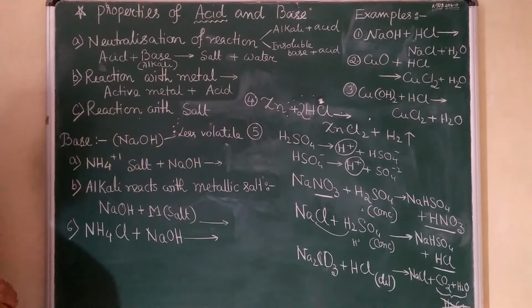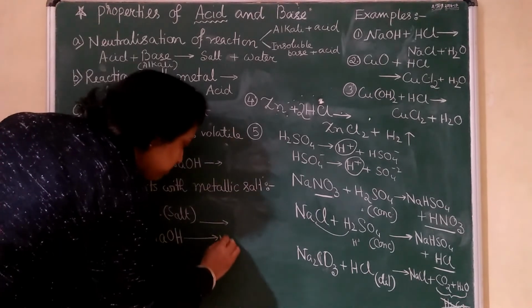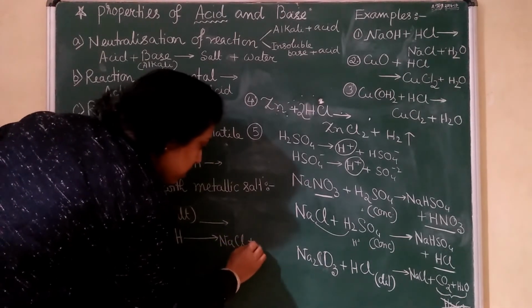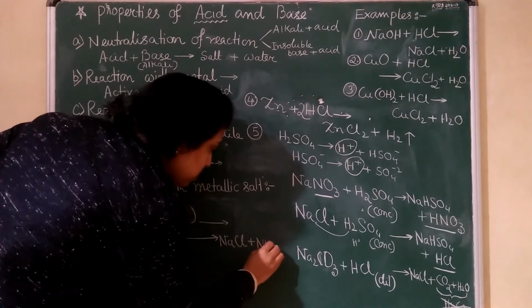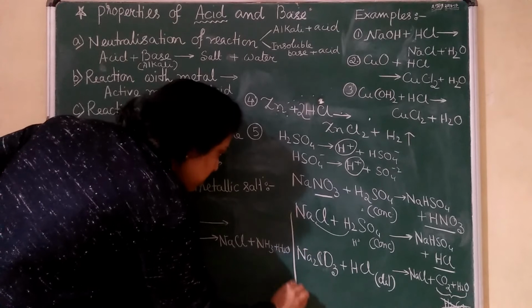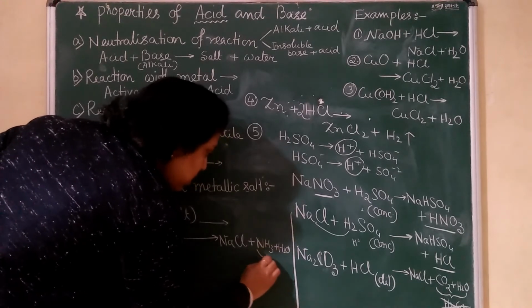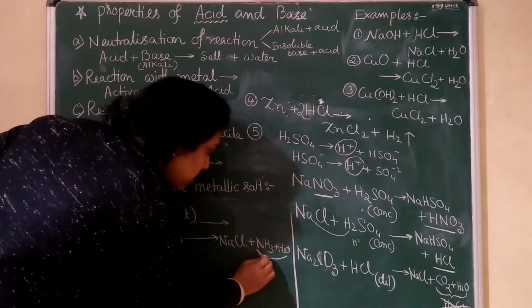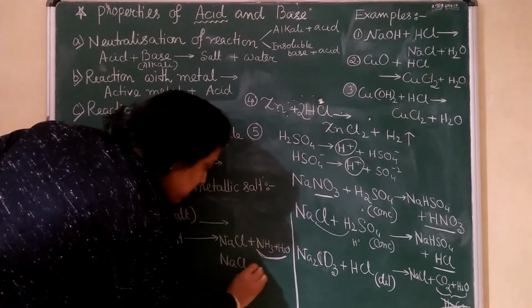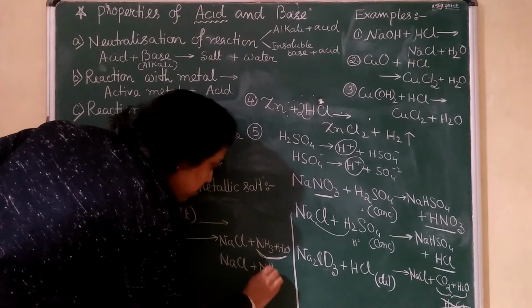Product will be NaCl plus NH3 plus H2O. But we have seen this one is highly volatile. So it will be NaCl plus ammonium hydroxide.